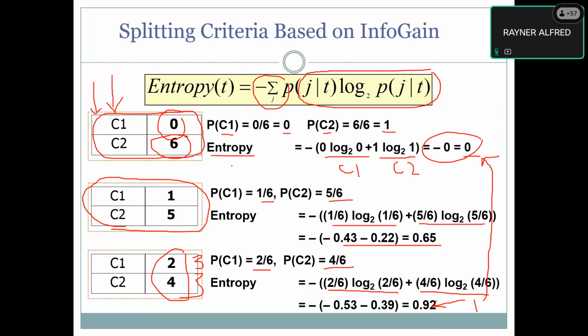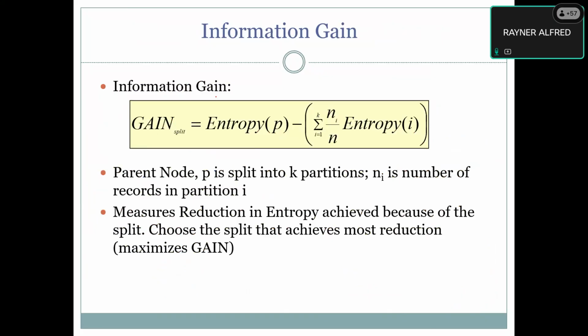Okay, so this is only the entropy, but the information gain is computed based on before and after. So this is before splitting, what is the entropy? This is after splitting. Okay, so if the initial entropy is high, and then once you split, you can reduce the entropy, the gain here will be maximized, right?